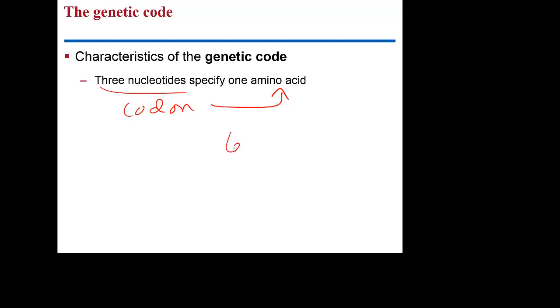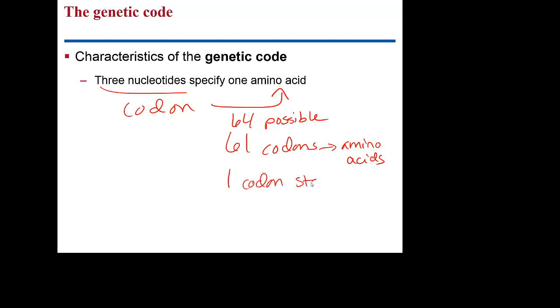We actually have 61 codons, so we had said we had 64 possible. We have 61 codons that are actually going to code amino acids. We have 1 codon that we said is our start, but it also codes an amino acid known as methionine.